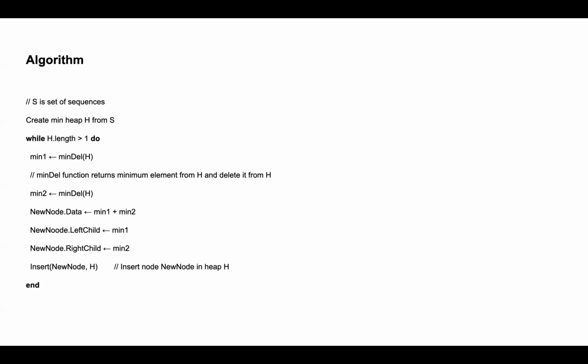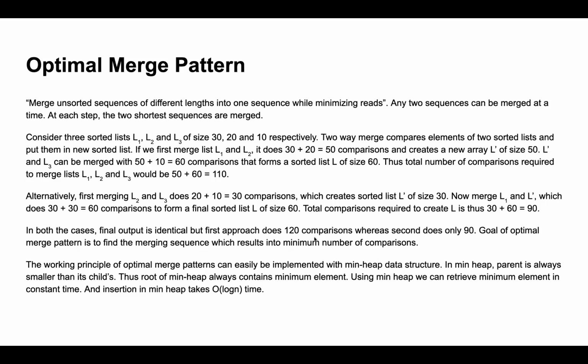Then what will be there? Min 2 will be assigned min del of H. Min 1 is assigned min del of H, and min 2 is assigned min del of H. What is the next statement? New node dot data is equal to min 1 plus min 2. Here, as we have taken L2 and L3 at first, the addition is done, 20 plus 10 is equal to 30.